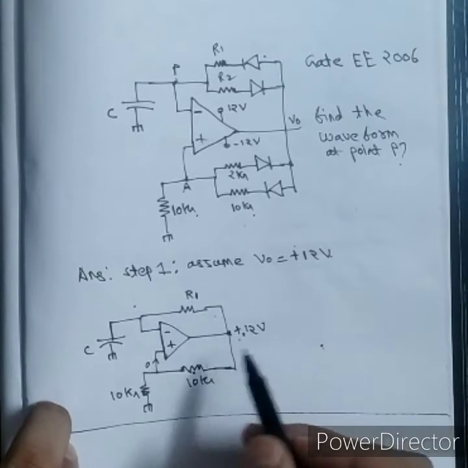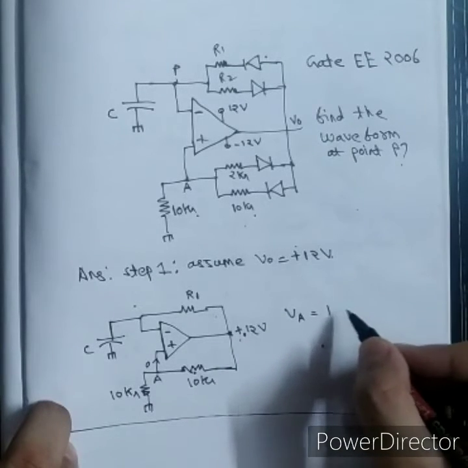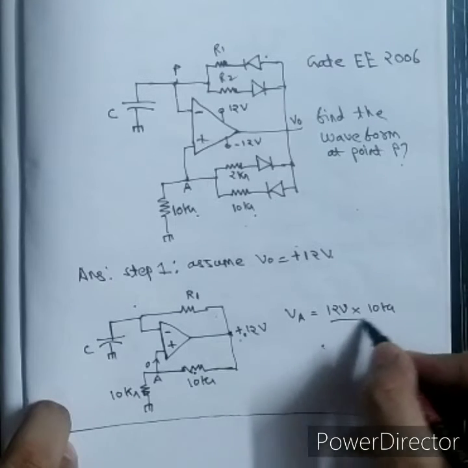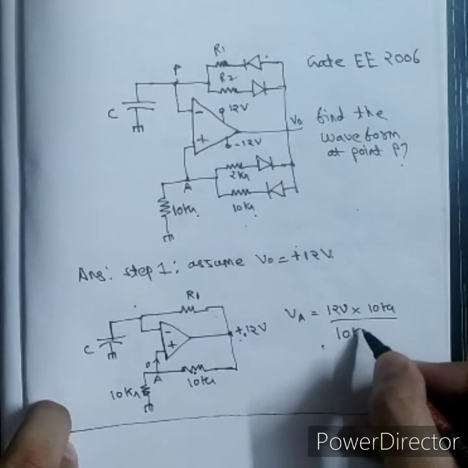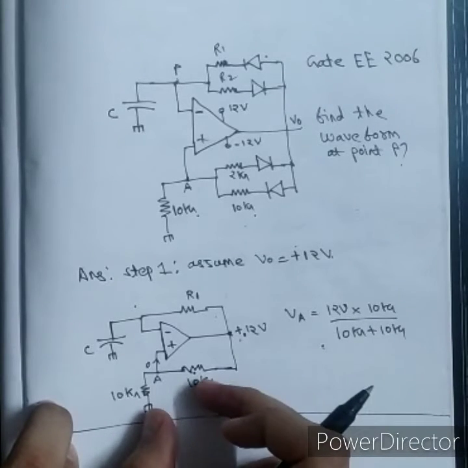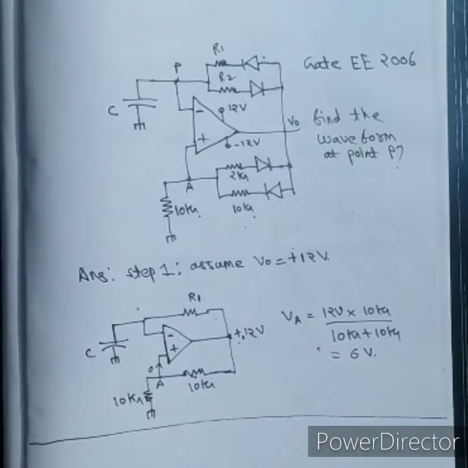So 12 volt at point A, VA will be equal to, by using voltage division rule, 12 volt into 10 kilo ohm divided by 10 kilo ohm plus 10 kilo ohm. This 12 volt will divide equally between these two resistances, so it will become 6 volt.